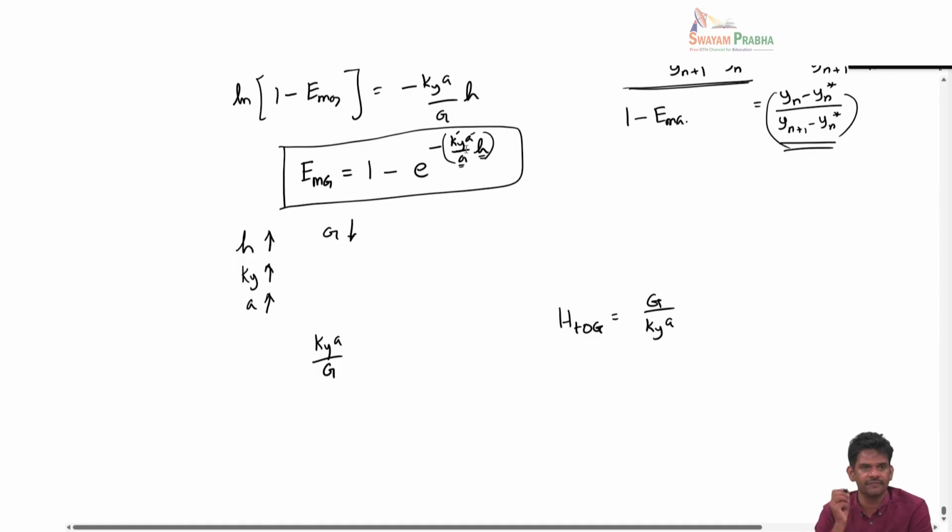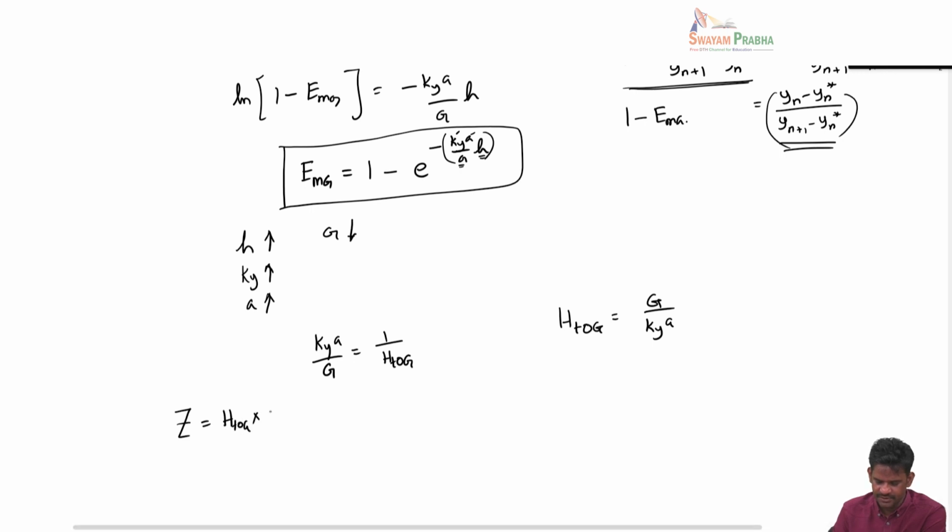So here what we are talking about is the inverse of HTOG, right? Now when we wrote the packed column, we wrote that the total height of the packed column is the product of HTOG times NTOG, right? So this is for the packed column.